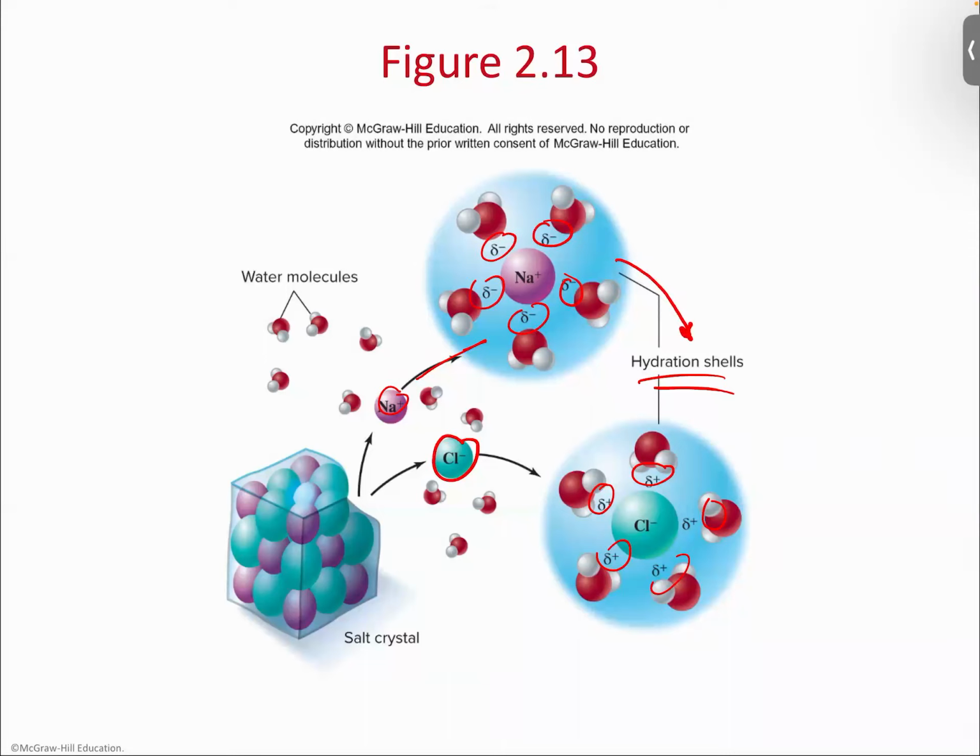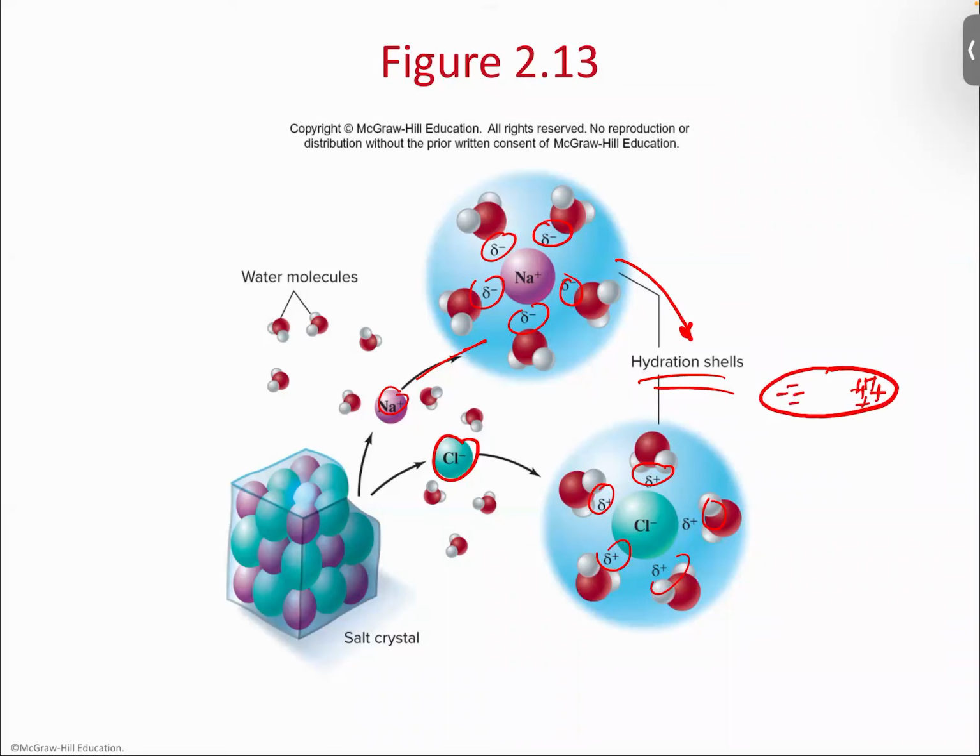And as a matter of fact, you can also do this with a polar but non-ionic molecule as well, like sugar, for instance, right? Last time I checked, we can also dissolve sugar in water. Yes, we've all made sugar water before. So sugar is going to be polar. So it's going to have this positive side, this negative side.